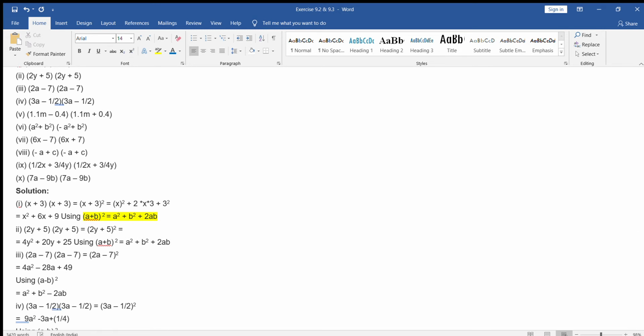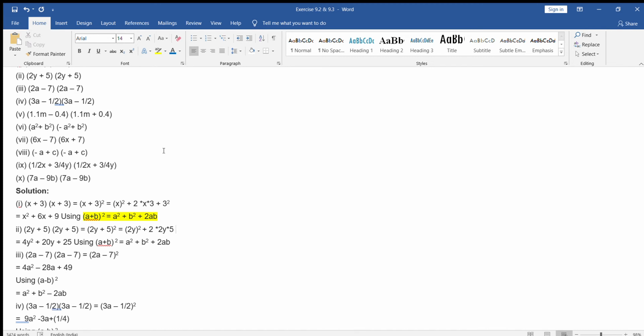How? Just see, if you are solving this, you will write (2y) whole square, where square is in the form of a power. Then the plus sign, and then 2ab, where 2, a is 2y, and b is 5.